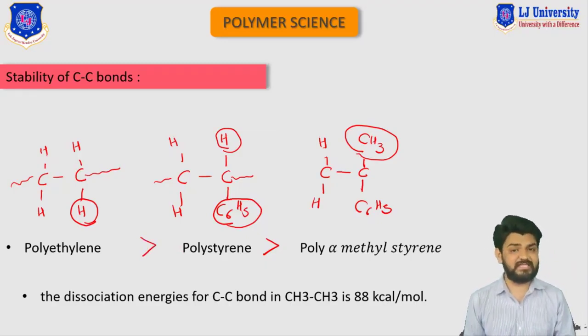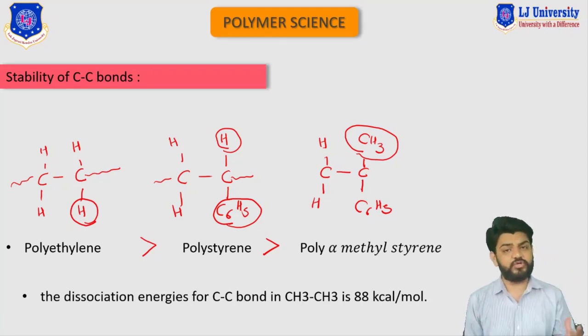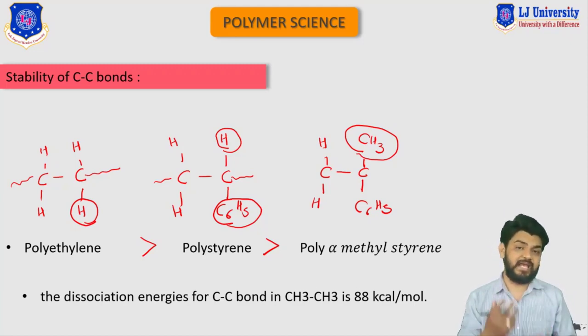So we can say that polyethylene is the most stable compound, or one of the most stable polymers, right? So here you can see that the dissociation of the carbon-carbon bond generates some amount of energy. If a CH3 bond breaks, it will liberate around 88 kilocalories per mole of energy.